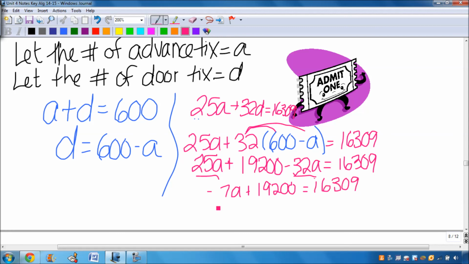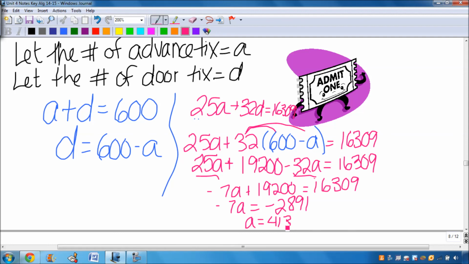So then you end up getting negative 7A equals, subtract the 19,200 from both sides. You get negative 2,891. Divide both sides by negative 7. That means that A equals 413. So 413 tickets were sold in advance.